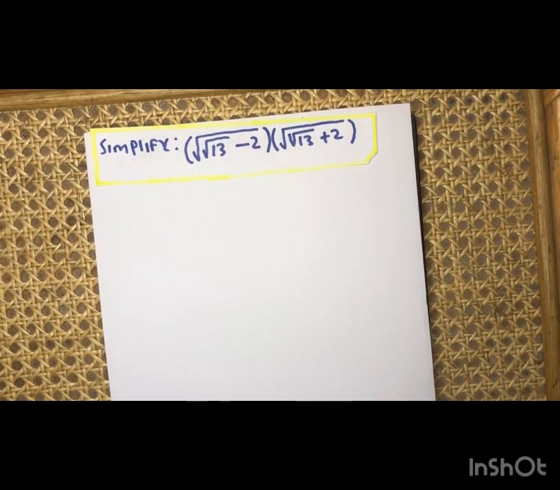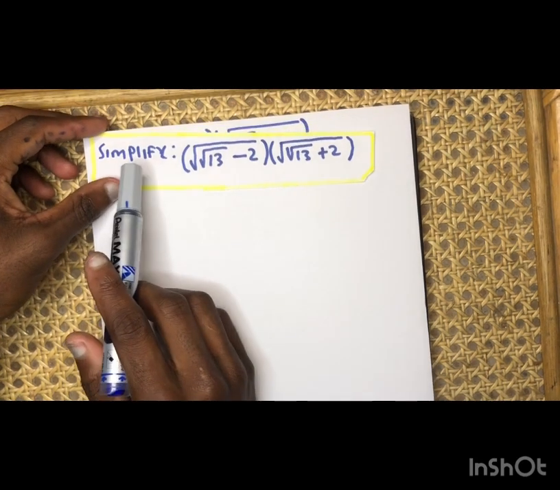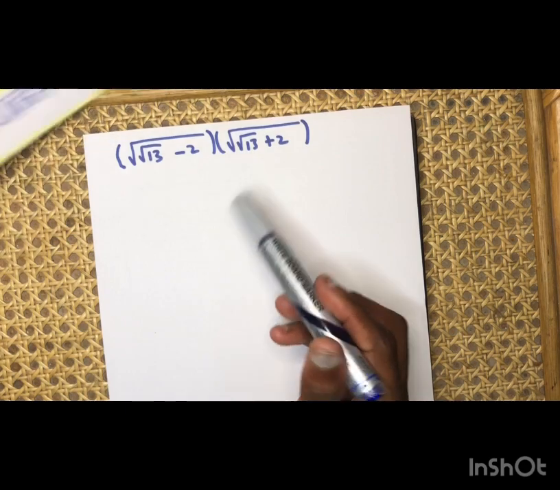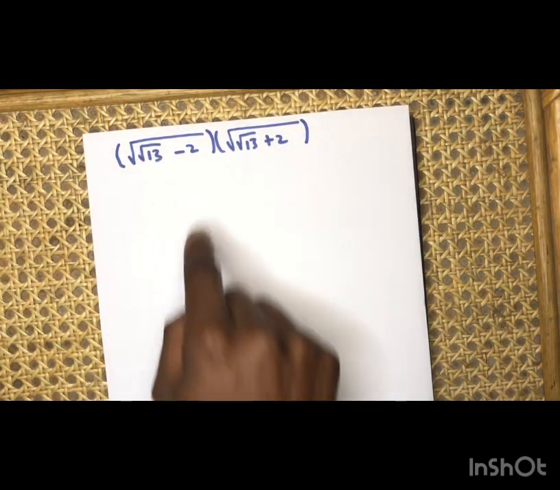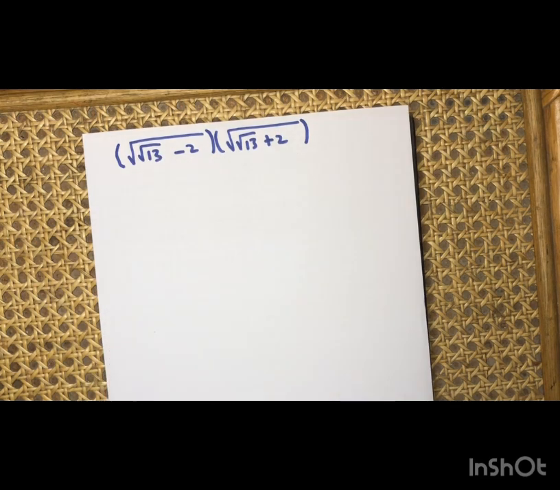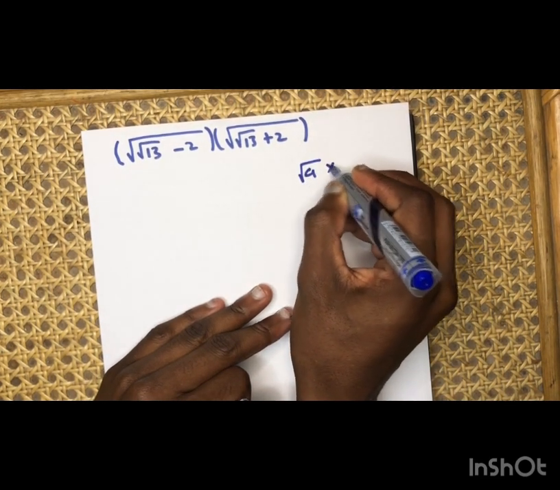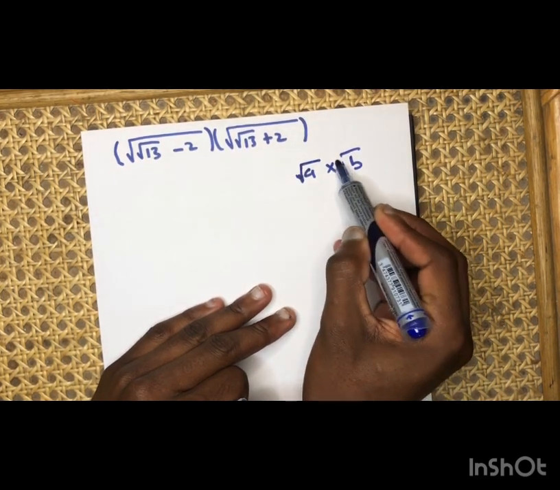So guys, this is our last question. They say, simplify this. So if you are simplifying this, guys, remember we have two sets of brackets here, and inside the brackets we have the square root. Remember, if I have square root a times square root b, can you see that the square root here is the same as this one?